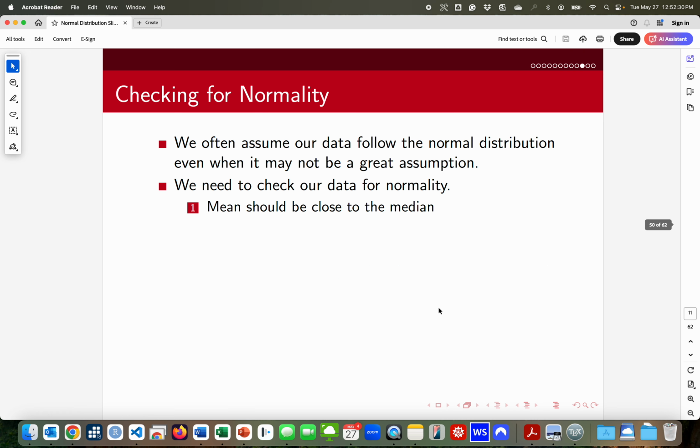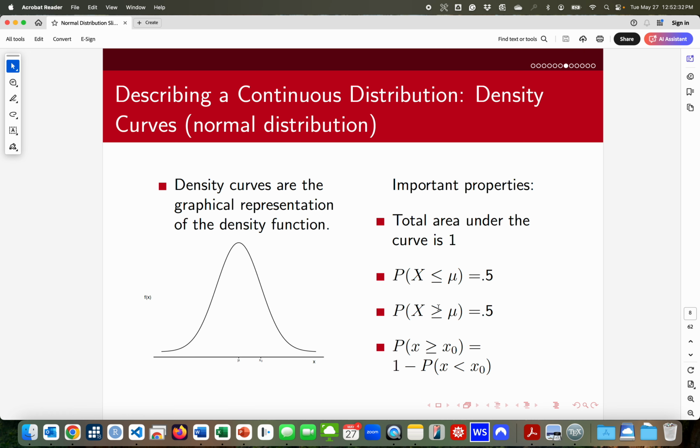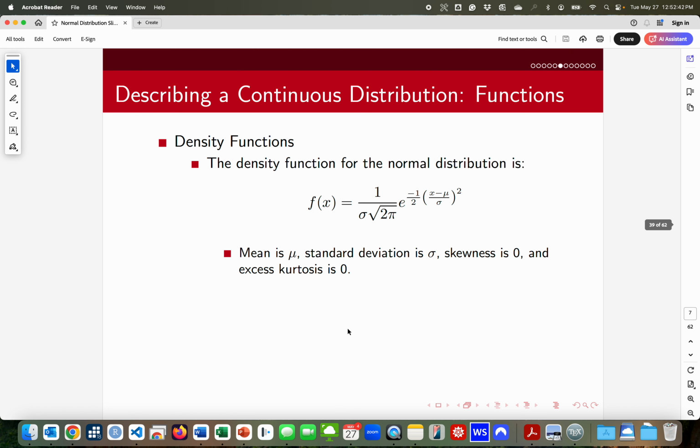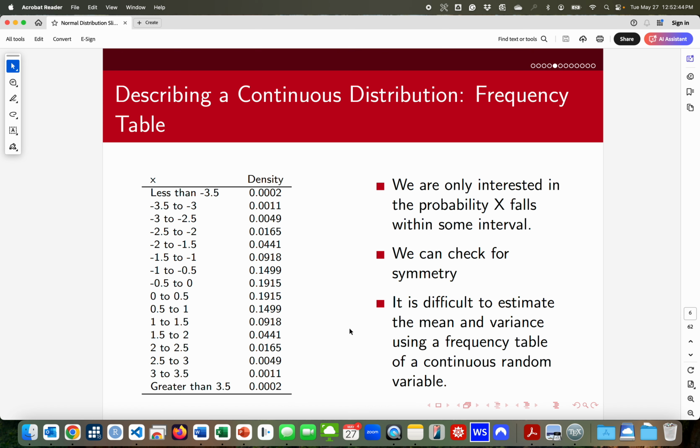All that really means is, if we go back and look at this density function, actually, let's just go back to this one right here. Because we know the standard deviation here is 1, this data is normal with a mean of 0 and a standard deviation of 1.